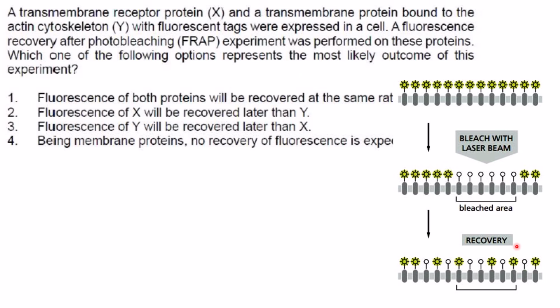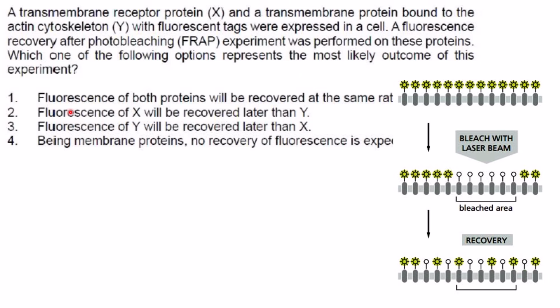If the fluorescence is recovered, it means the protein has diffused into this bleached area. How fast the protein is diffusing can also be studied using FRAP. If it is diffusing slowly, it is attached to some structure. If it is diffusing freely, it is not attached to anything, it is free to move and will diffuse faster.